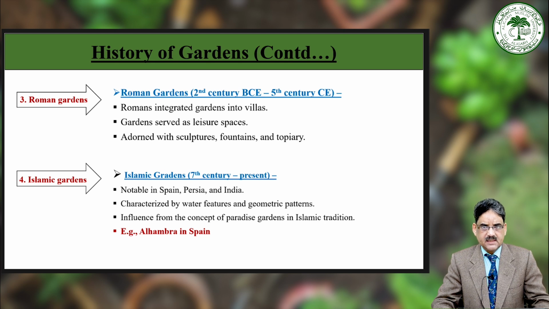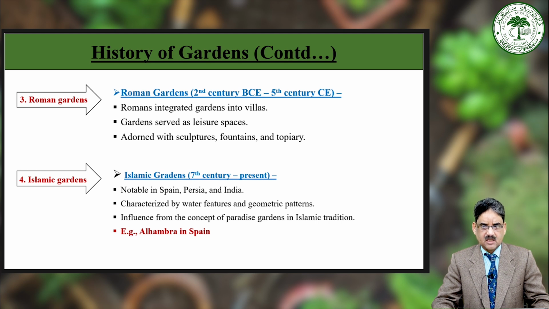Romans seamlessly incorporated gardens into their villas, transforming them into leisure spaces adorned with sculptures, fountains, and meticulously shaped topiary. Next comes Islamic garden.